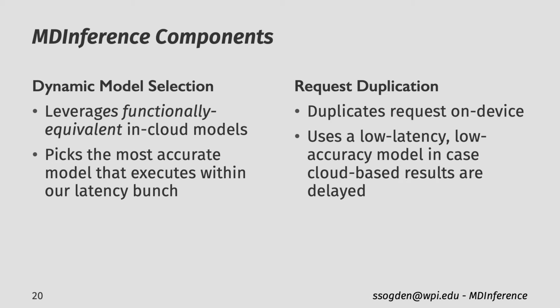A functionally equivalent set of models is a set of models that all perform the same task, such as image classification, but with the different trade-offs between accuracy and latency made for each of these models. This means that some may be particularly fast but have low accuracy, and others may be slow but have high accuracy. This allows us to adapt execution time to the network behavior. The request duplication component duplicates requests on device using a low latency model to ensure that no matter what the state of the network, inference results will be available for the end user within a bounded latency.